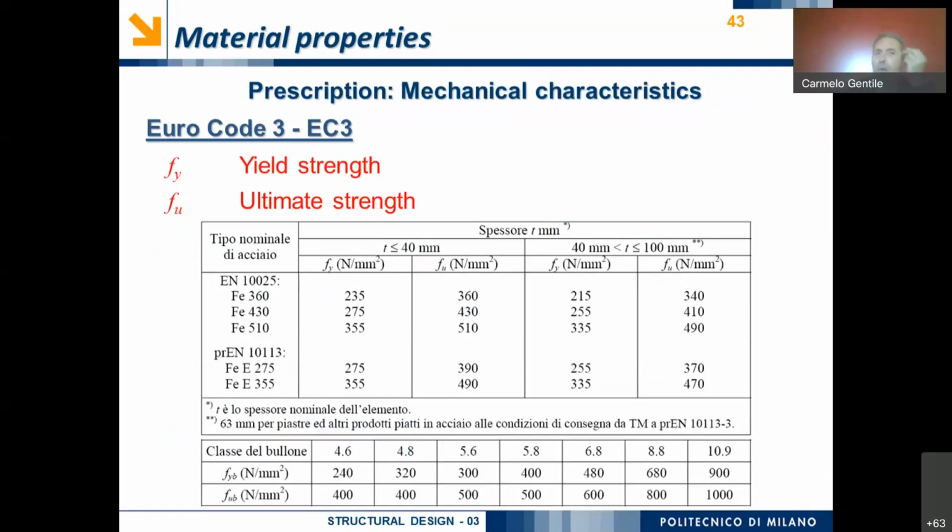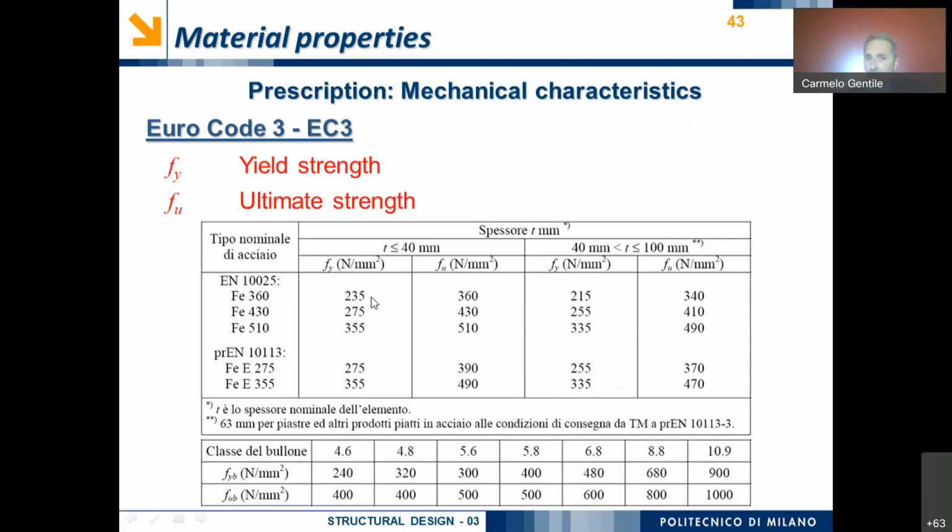Of course, it is possible to characterize the strength of a steel in terms of yield strength and ultimate strength. These tables are written in Italian, and these characteristics of the materials are not the latest ones, but what I would like to underline is that in terms of yield stress, the commercial steel belongs to three main classes.